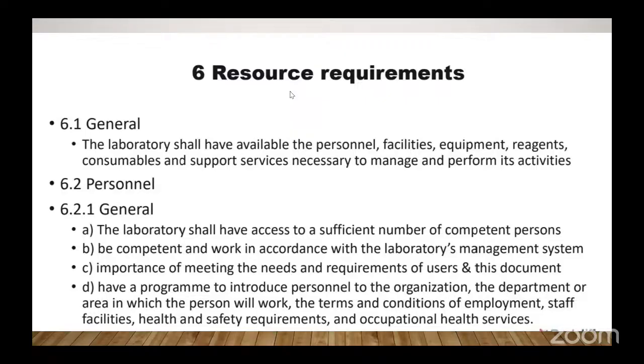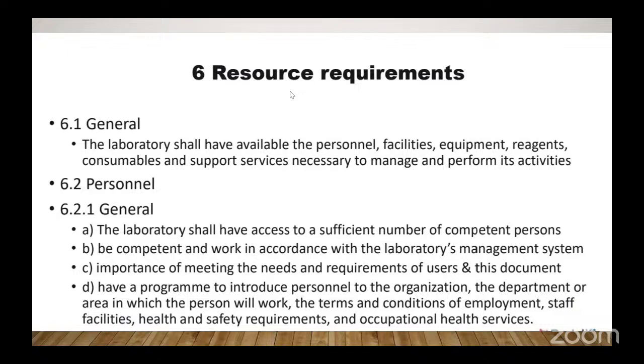So in other words, one of the requirements states that you must have sufficient numbers of competent personnel, competent in terms of qualification. So the right set of people should be in the right job descriptions and also in the right department. Now, it is important that once they come in, the competency should be described in your job description in accordance to the laboratory management system, which you are going to see in the ISO 15189:2022 document.